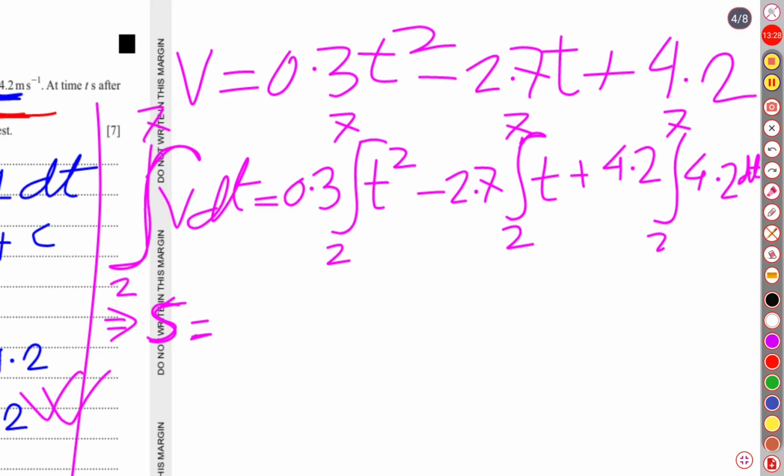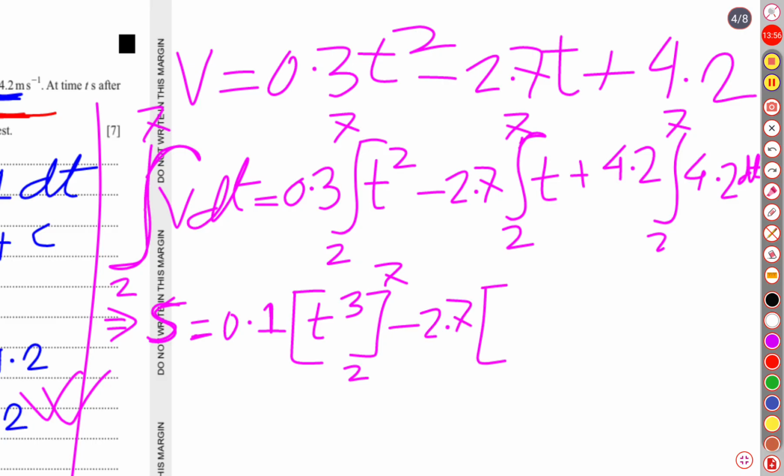So if we divide 0.3 by 3, it is going to be 0.1 t cube, and the limit is 2 until 7 seconds, minus 2.7 divided by 2, because the power of t is now 2.